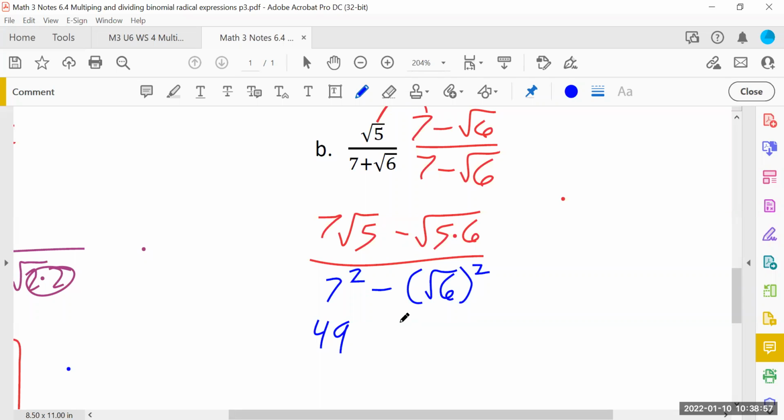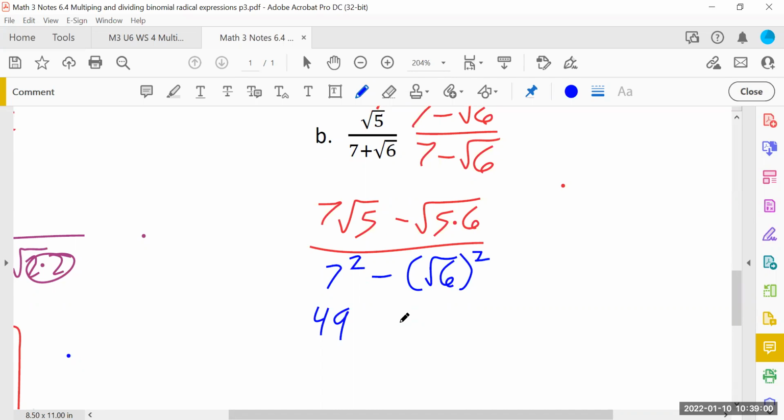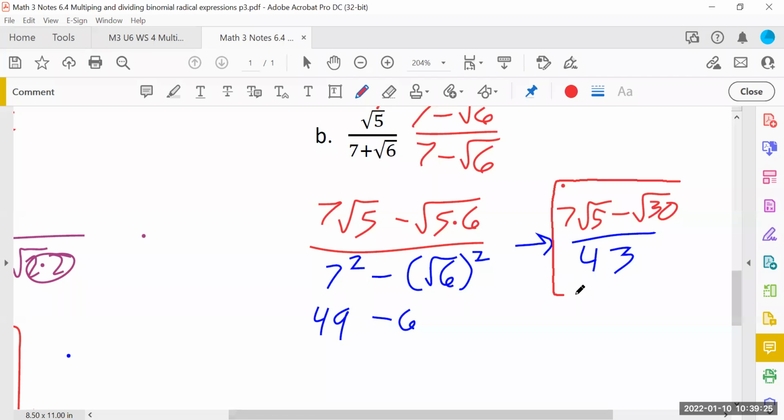Square roots and squares are inverses. They cancel. This is just minus 6. This all becomes 49 minus 6 is 43. On the top, I have 7 root 5 minus root 30. There is my answer.